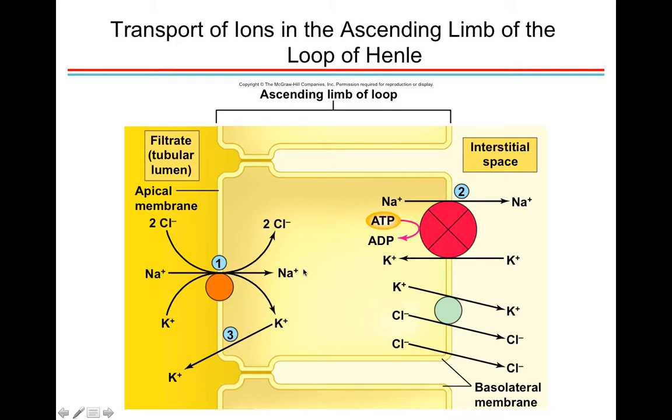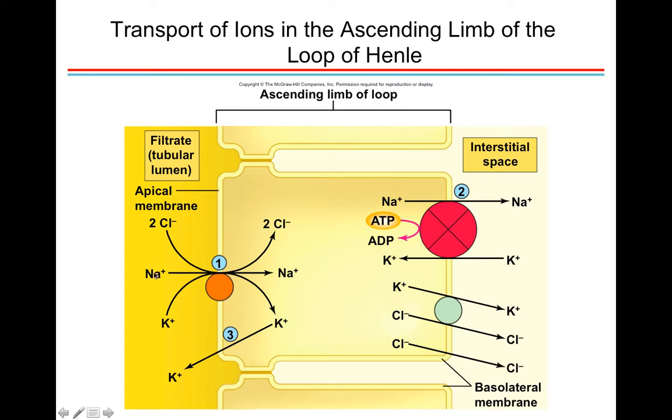And then, how is this happening? Just like we talked about before in the proximal tubule, the reason there's less sodium in the cell than in the filtrate is because there's a sodium-potassium pump that uses ATP to pump out sodium against its concentration gradient and to bring in potassium against its concentration gradient, right? So the ATP hydrolysis funds moving both of those molecules against their concentration gradients.